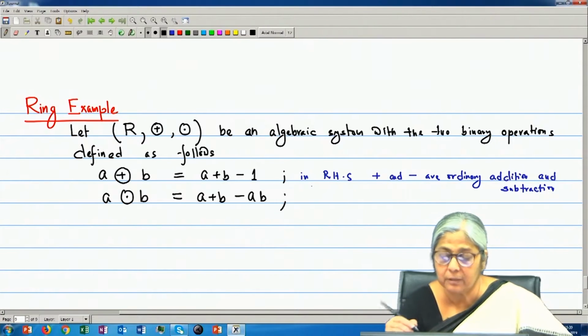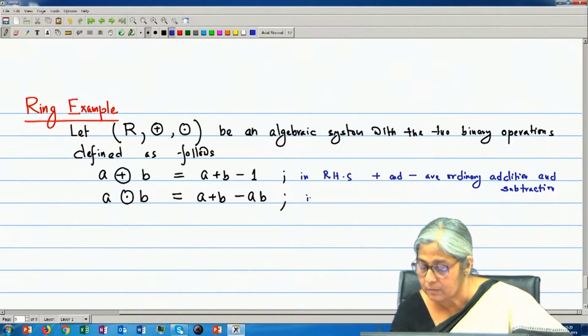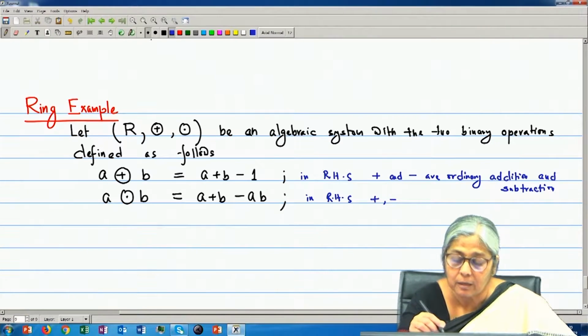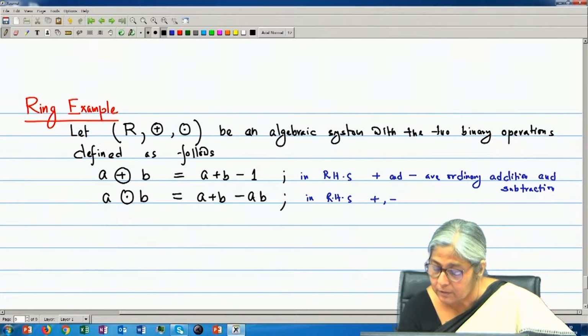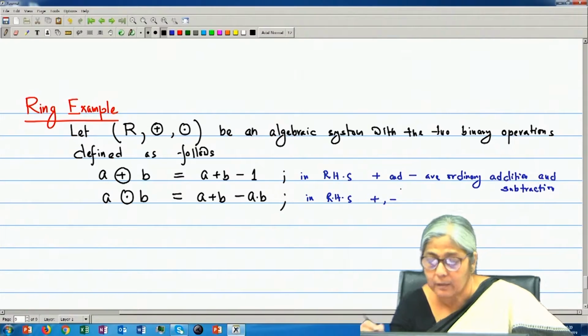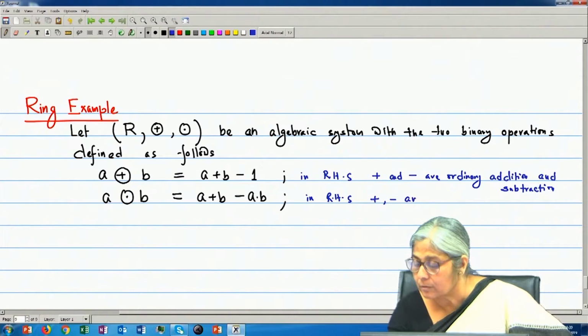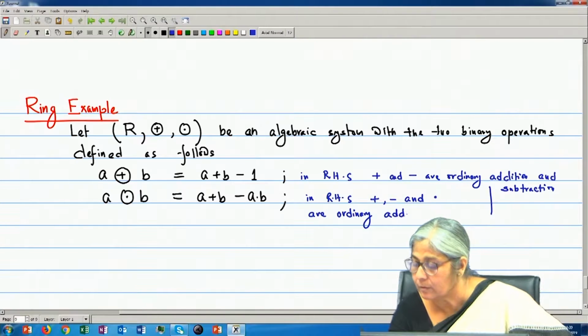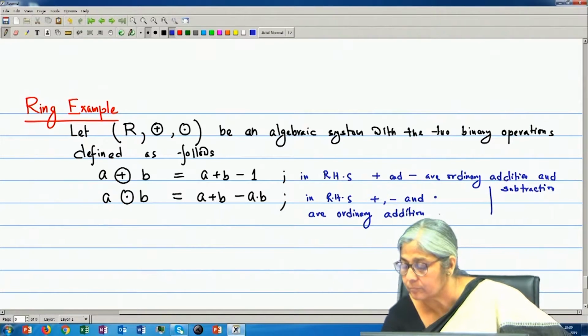So, similarly in the right hand side, plus, minus and dot are ordinary addition, subtraction and multiplication.